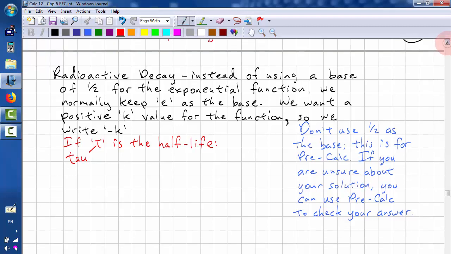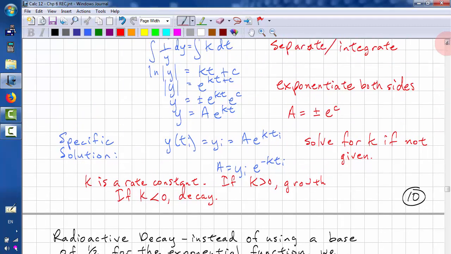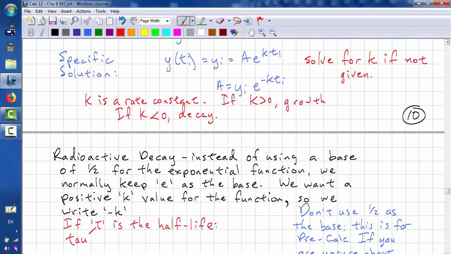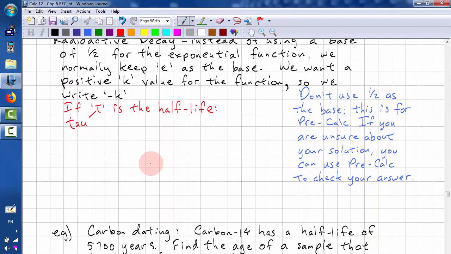And this formula is derived by using ln and e. We don't have a half in here. So we have y naught e to the minus k tau equals 1/2 y naught.